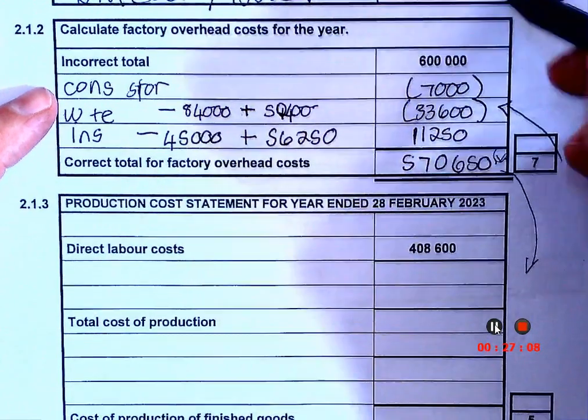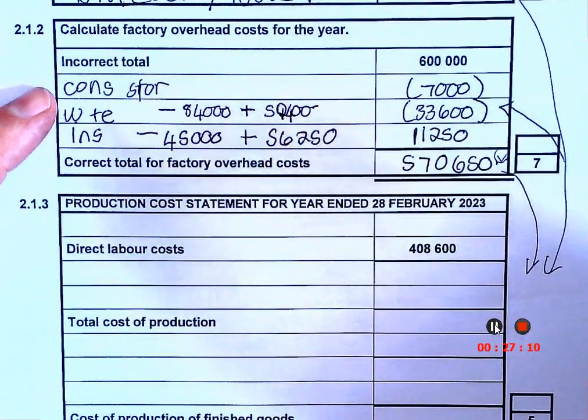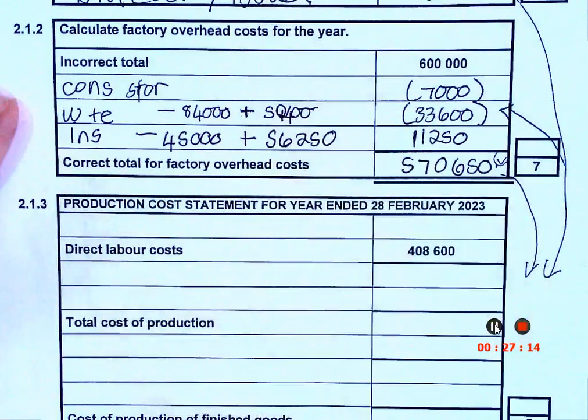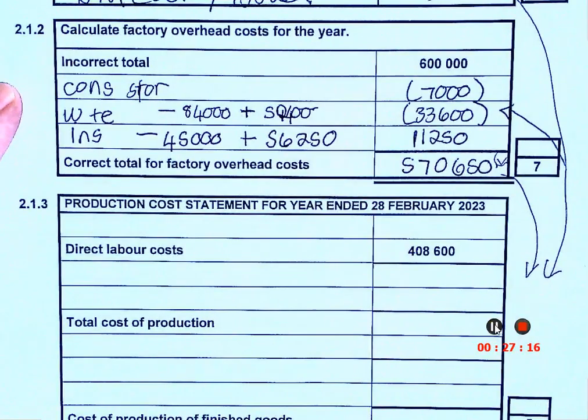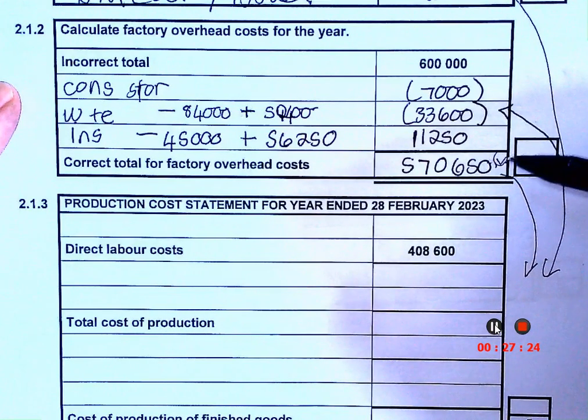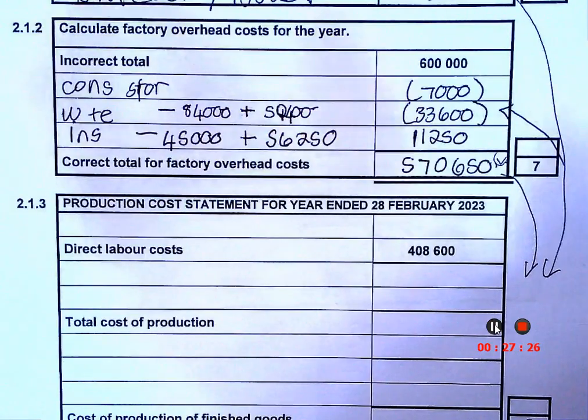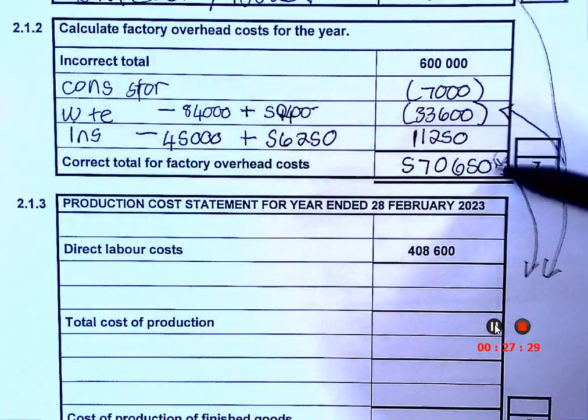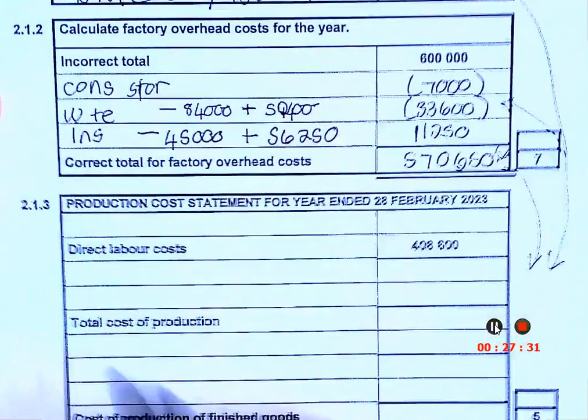So you're going to transfer that amount, and you're going to transfer that amount. So it's 2 marks there. But I cannot give you the mark if I can't see where it comes from. So please don't try and save time by not writing the total there.